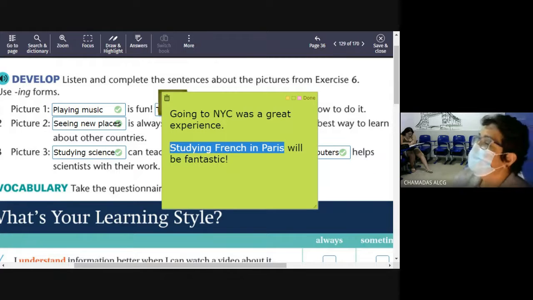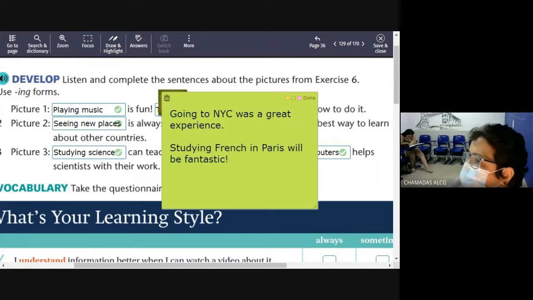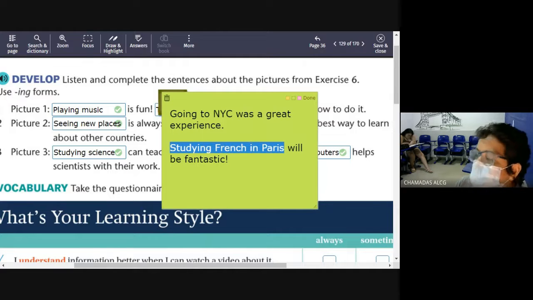All right? So it doesn't matter the tense of the sentence. I should always remember, if I'm using a verb as a subject, I should always use ing. Okay? All right.